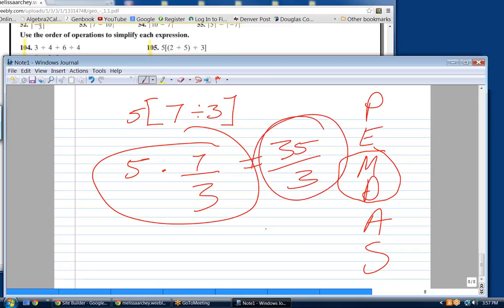Okay. So you don't multiply the denominator? You do. There's an implied 1 under the 5. And I multiply numerators and I multiply denominators. Okay, so there's no cross multiplication? No, that's only in an equation.